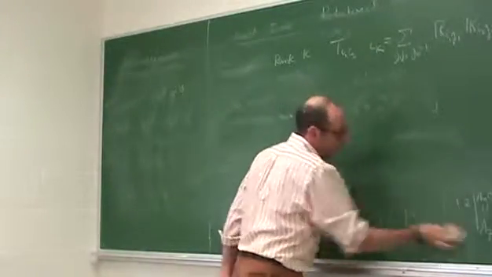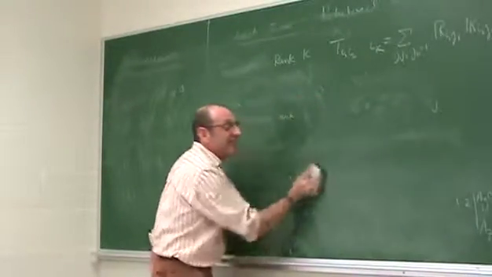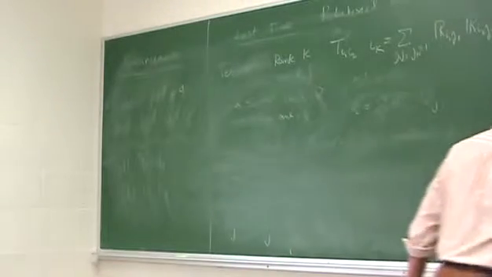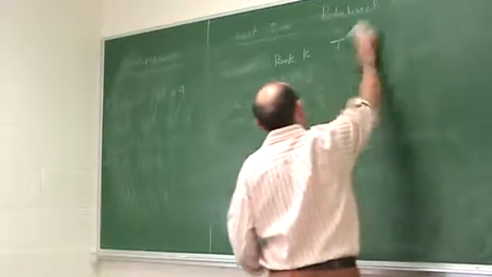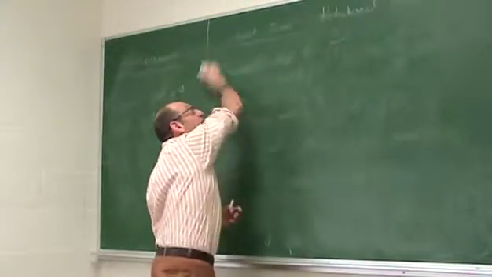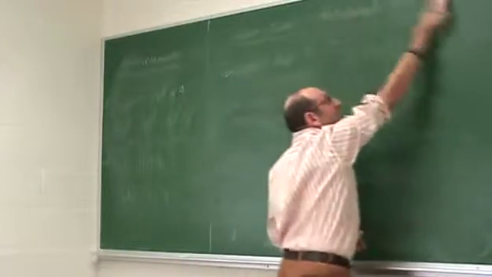And if you haven't seen this before, you should have seen this in your graduate quantum mechanics course, which is supposedly a prerequisite for this, but I also know that it's not always covered in grand detail.